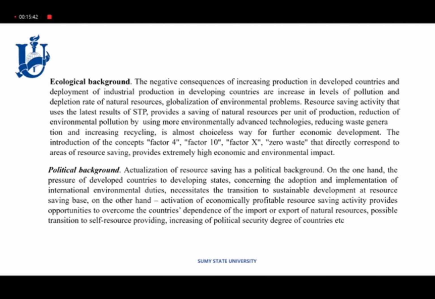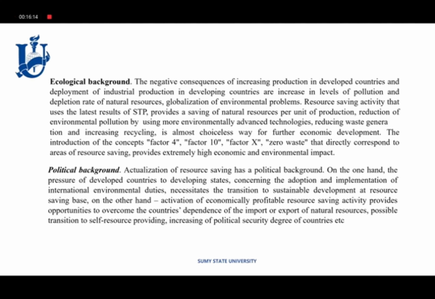About the political background: the actualization of resource saving has a political background. On the one hand, the pressure of developed countries on developing states concerning the adoption and implementation of international environmental duties necessitates the transition to sustainable development on a resource-saving base.